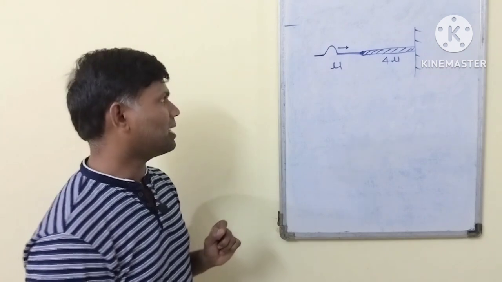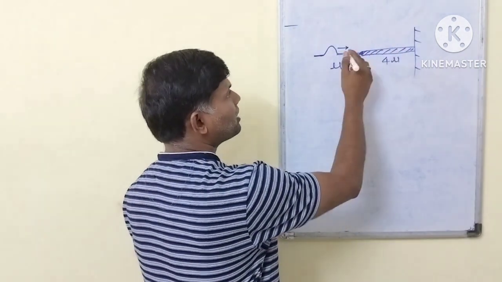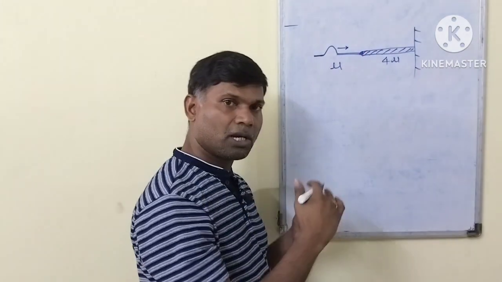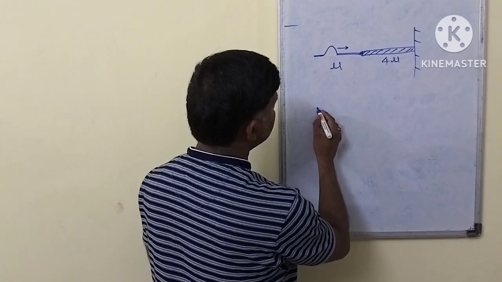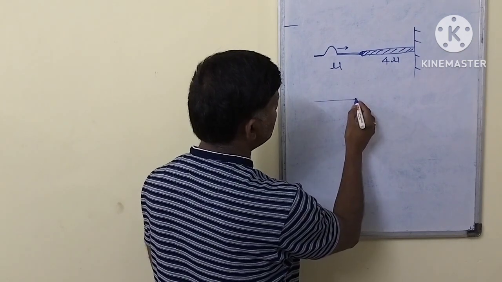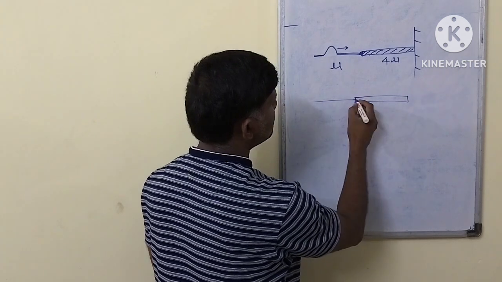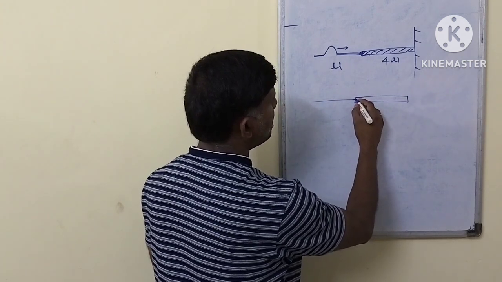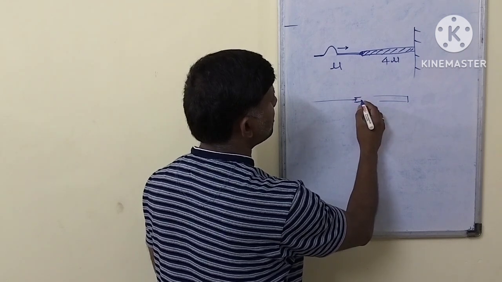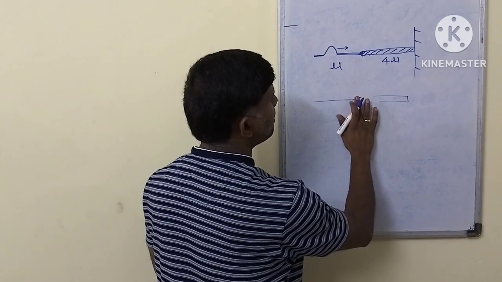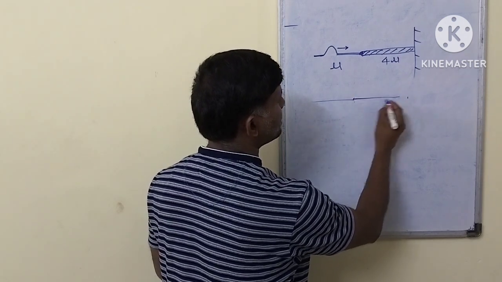How it looks, I will draw. When it reaches here, this is a denser medium. Some part of the wave will be transmitted through this. I will draw once again. This is string 1, this is string 2, and this is the boundary. I will draw a single line only, but you assume it is denser.